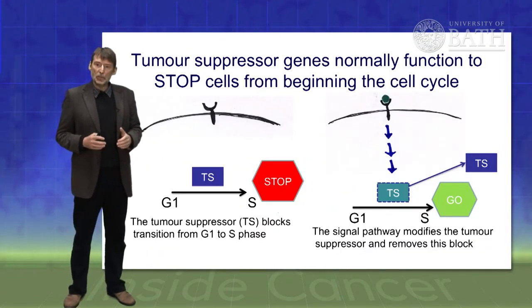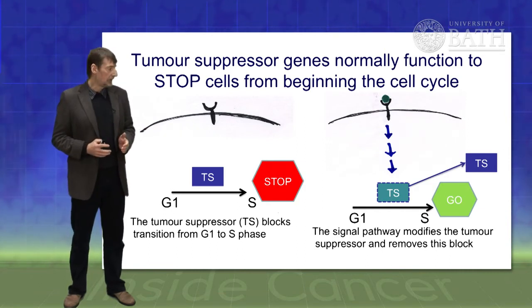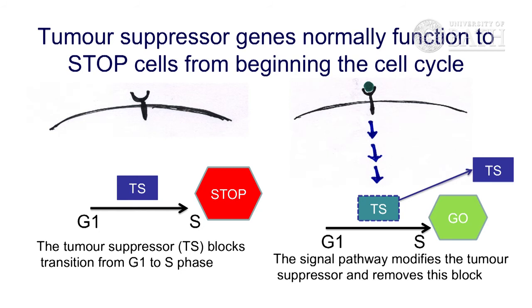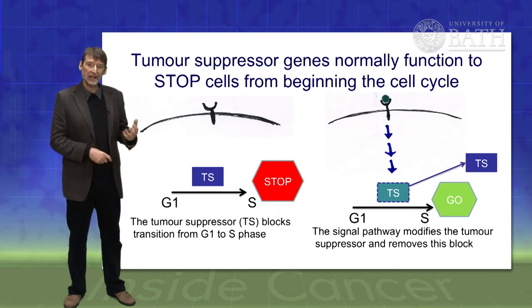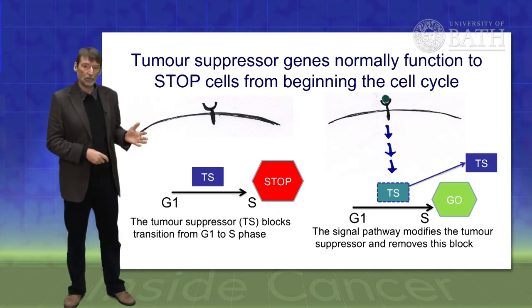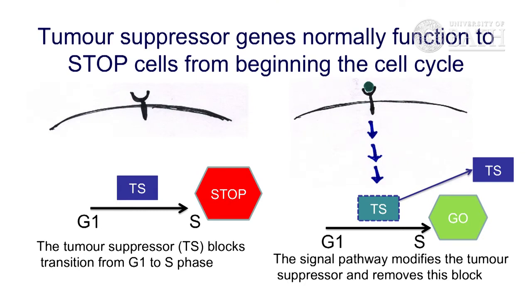In addition to these positive instructions for a cell to divide, the cell also has a brake. So it takes both an accelerator and a brake approach to controlling this transit from G1 into S phase. And the components of the system which act as a brake on the cell cycle at this point are called tumor suppressors.